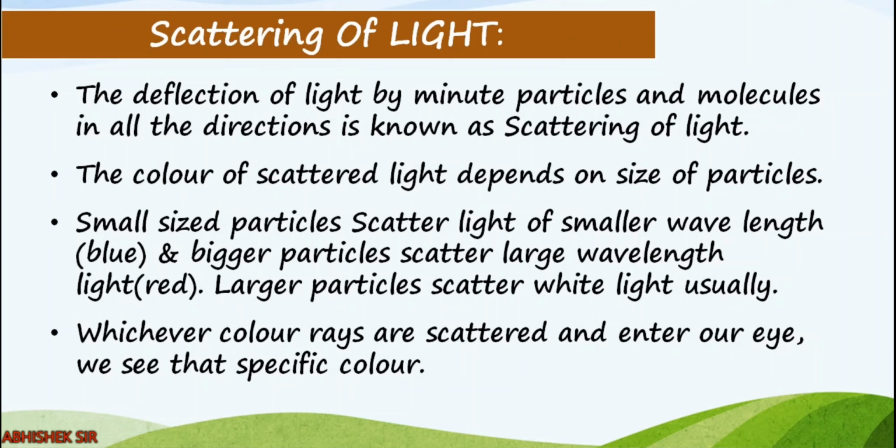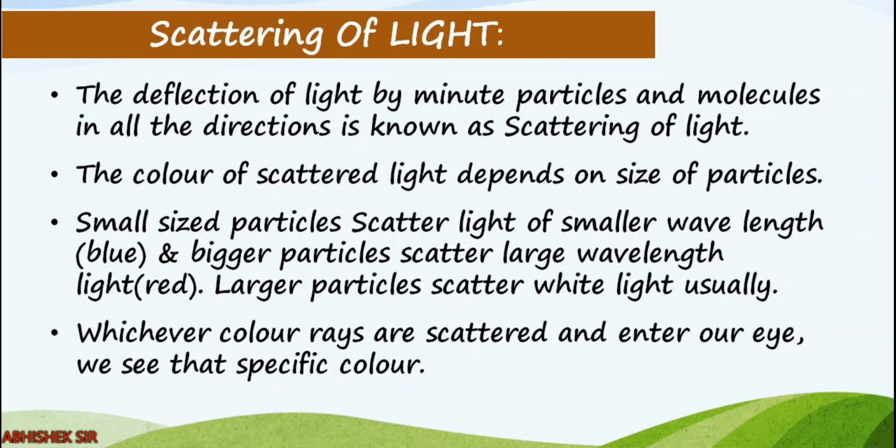One example of smaller wavelength light I have told, blue, right? And the bigger particles scatter large wavelength light, that is towards red, right? And if there are still larger particles, they will scatter white light. Okay, so small size particle, small wavelength light; big size particle, large wavelength light. Clear? So that is why I told you the color of scattered light depends on the size of the particle.